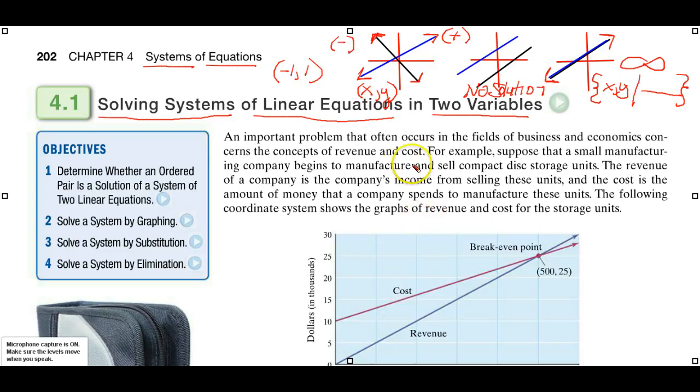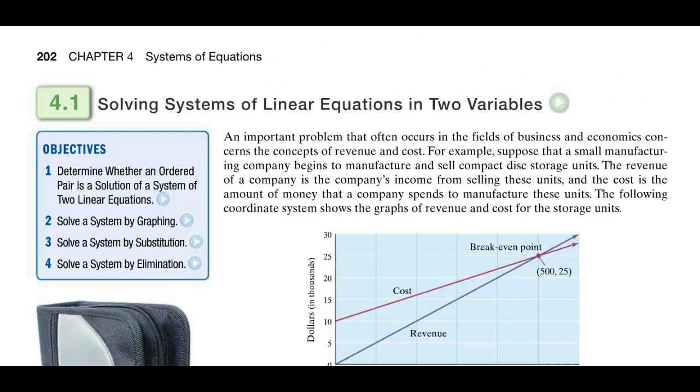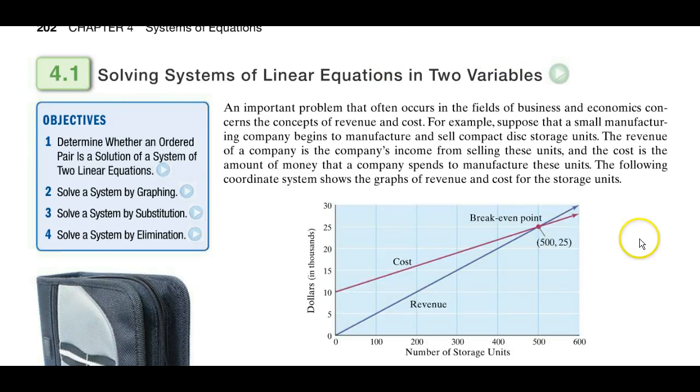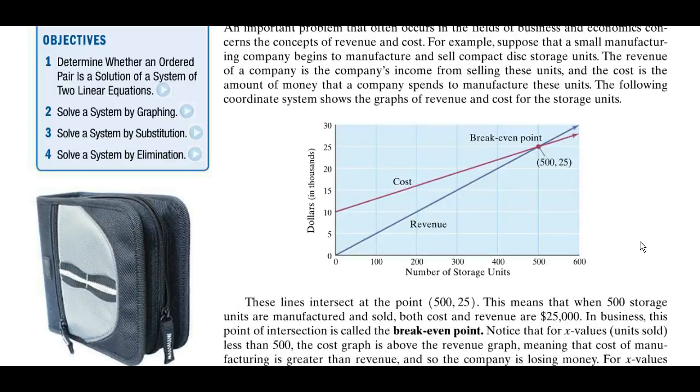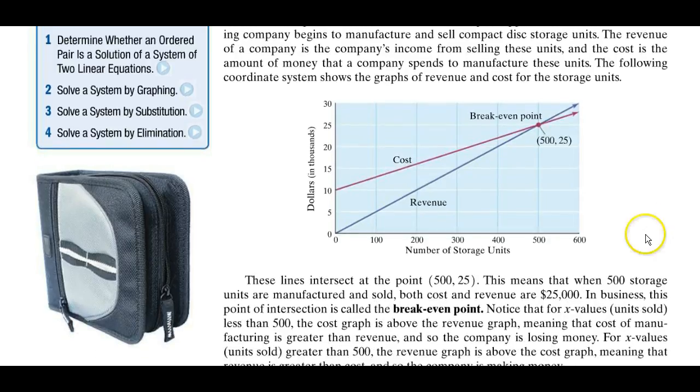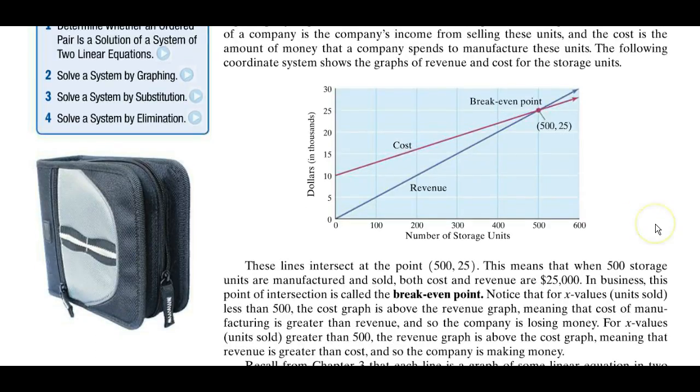Now, another type, as we actually get into a discussion of what we're doing here, looking at this first graph, and this deals with a company that's producing something, and we actually have 2 equations here. One of them is called a cost equation. We write it in function notation.